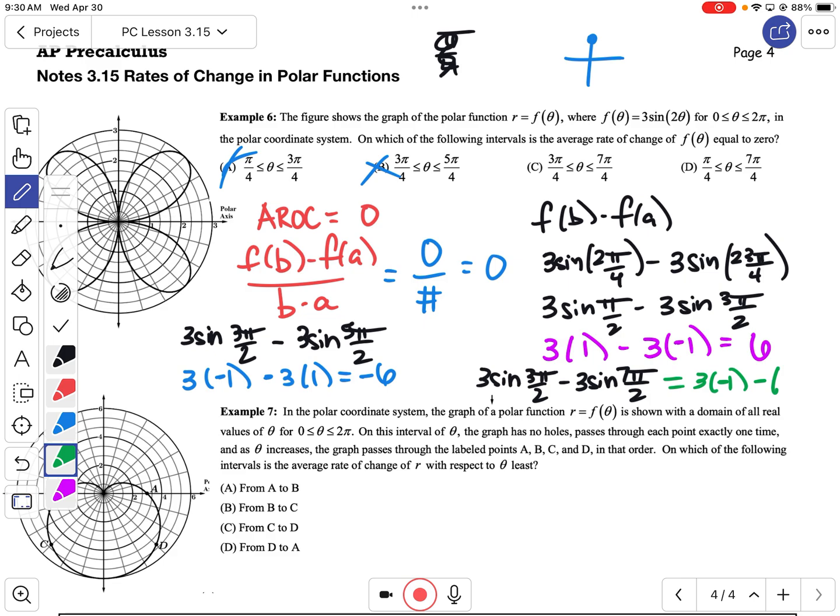Sine at 7 pi over 2 is going to land back at 3 pi over 2, which is going to be 3 times negative 1. So that's going to give me a negative 3 plus 3. There she is, which is a 0. So you just got to kind of plug and chug on those and get your coordinates right. You've got to get your sine and cosine right, or we're going to have an issue on that one.